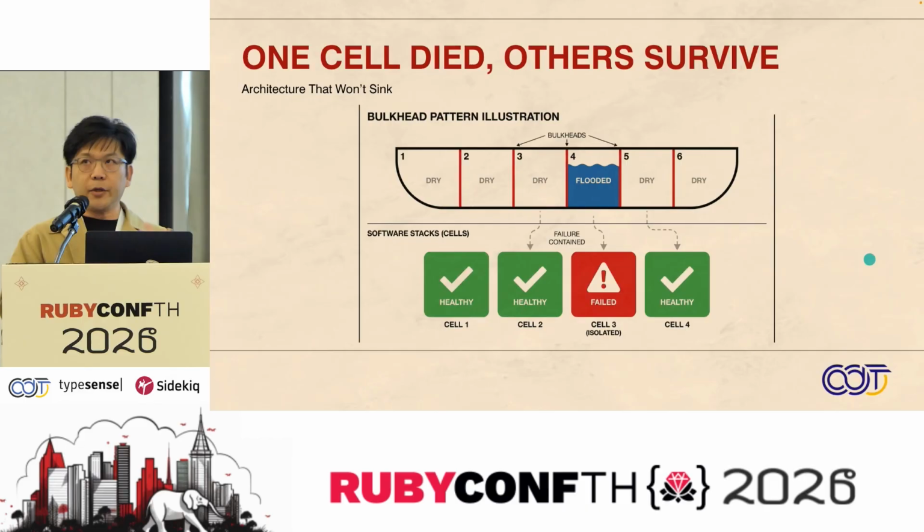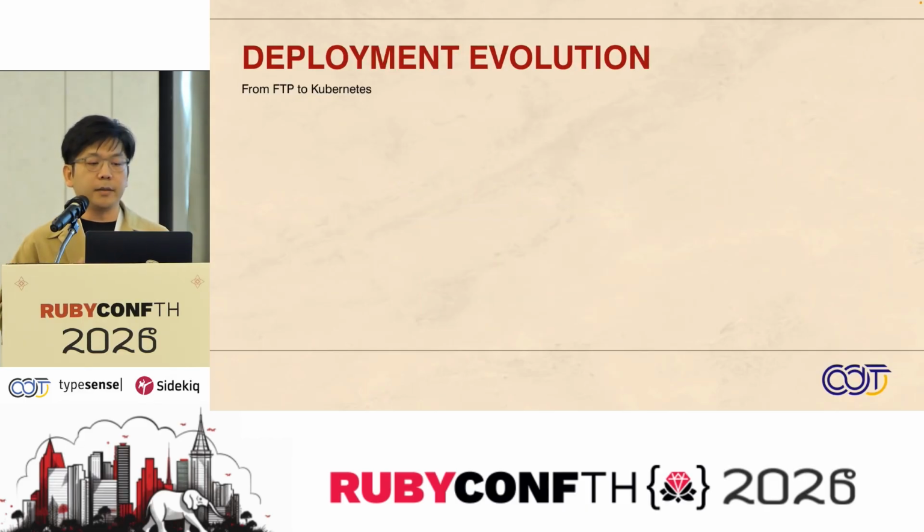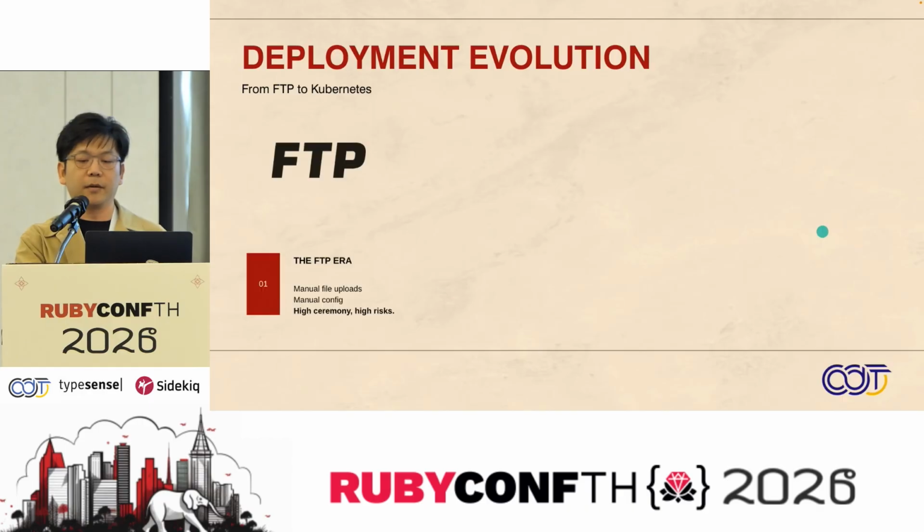Before I jump into how we implemented the solution, let me walk back in time and talk about deployment evolution a bit. At the beginning, and I believe you all had the same experience, we had what we call the FTP era.